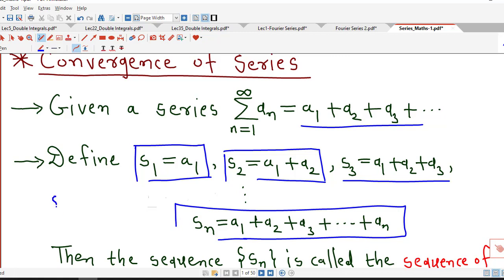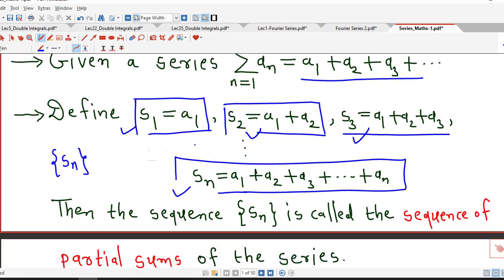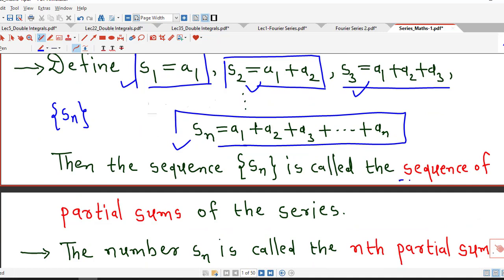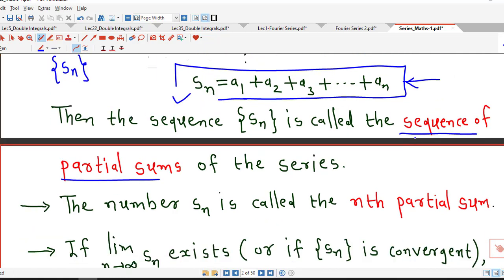So this sequence S_n, whose terms are defined as partial sums, is known as the sequence of partial sums of the given series, and this S_n is called the nth partial sum.